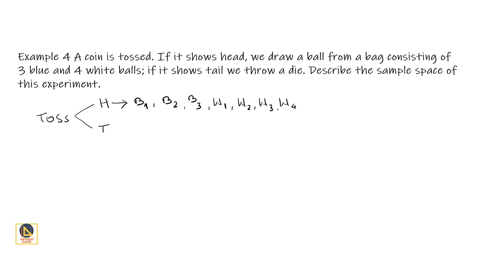And if tail comes, then we throw a die, and the outcome may be 1 or 2 or 3 or 4 or 5 or 6.